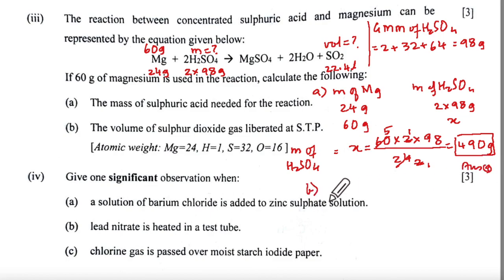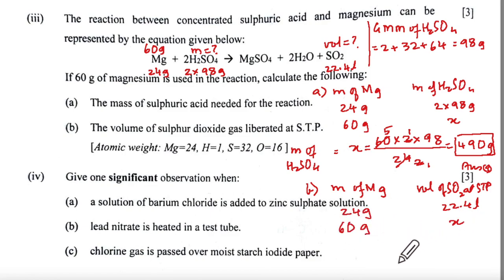We come to B. Volume of sulfur dioxide gas liberated at STP. Again, I'll start with mass of Mg which is given, and volume of SO2 at STP will be my second column. From the equation, if I have 24 gram, then I have 22.4 liters at STP. So if it is 60 grams, then how much would this be?